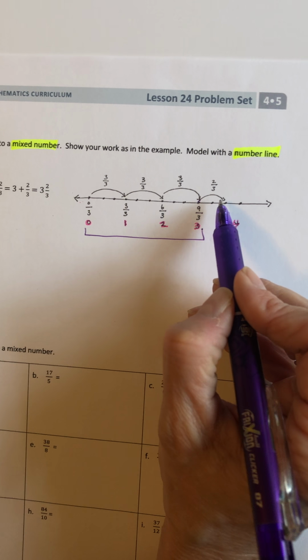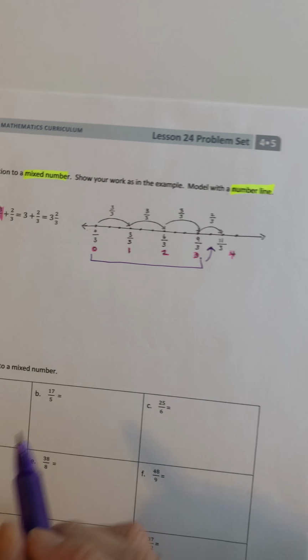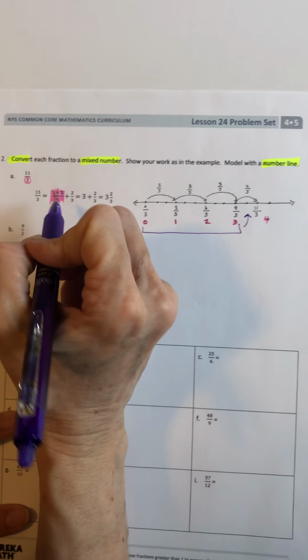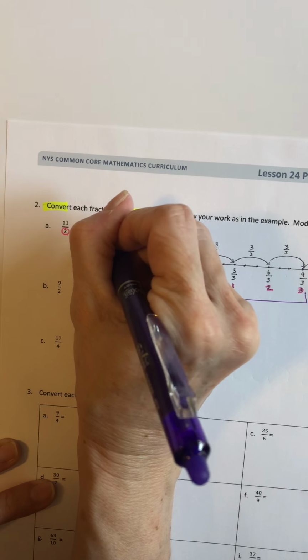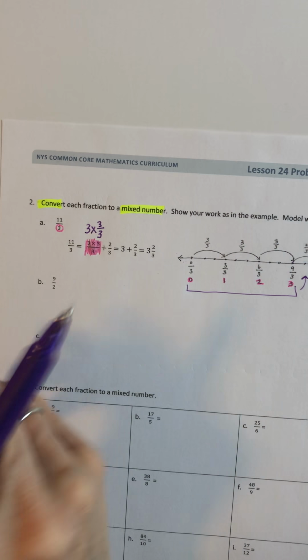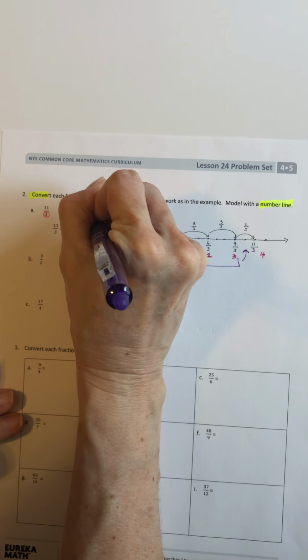2 more thirds gets us to the 11. So we have essentially 3 times 3/3. And that has to be in parentheses before we add that extra 2/3.